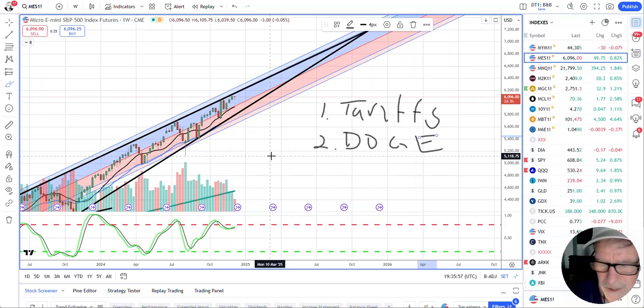But until actual agencies get shut down, until government spending gets reined in, in actual fact, the Department of Government Efficiency is probably going to be a lot more noise than substance. So if that's the case, then the market shouldn't have to worry too much about the reining in of spending. Why is that even a problem?